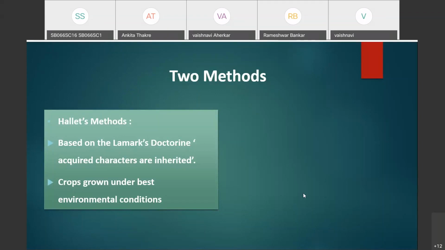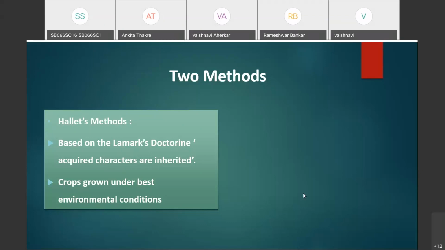Crops are grown under the best environmental conditions means the crops are provided with the maximum amount of fertilizers, and proper irrigation is given, and later on the mass selection is carried out from this population.